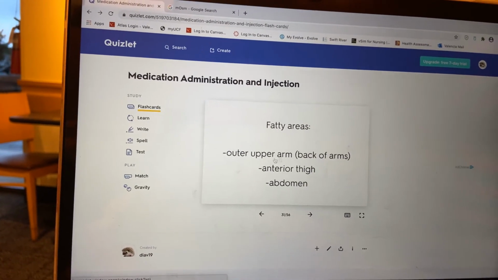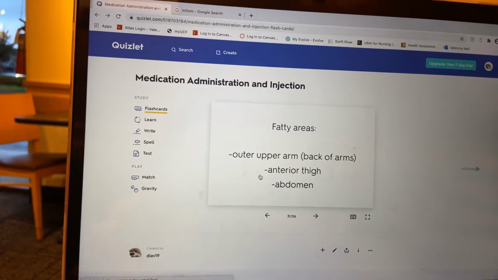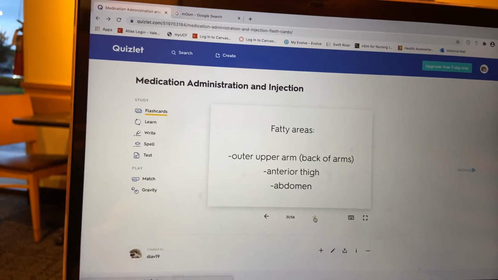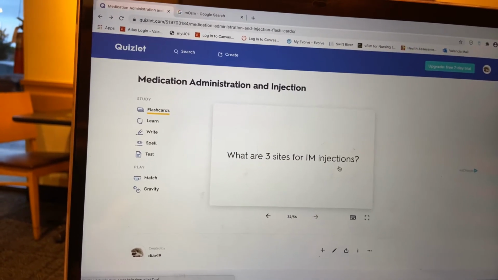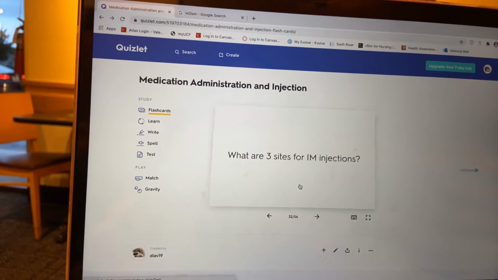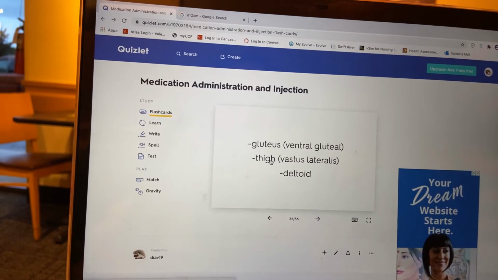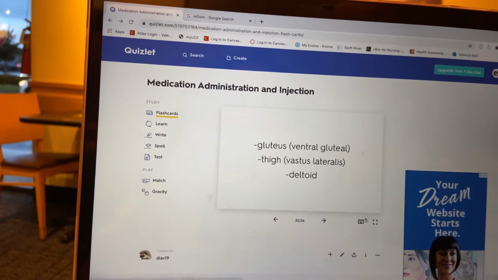Fatty areas including the outer upper arm, the backs of arms, the anterior thigh, or abdomen. What are three sites for intramuscular injections? Gluteus, ventral gluteal, thigh, vastus lateralis, and deltoid.